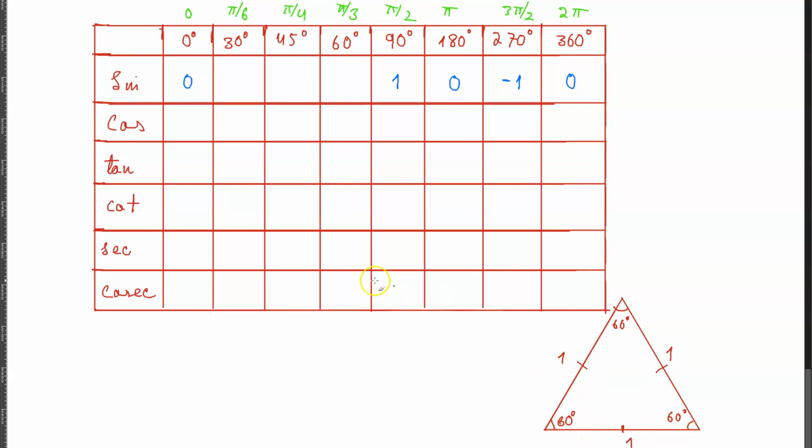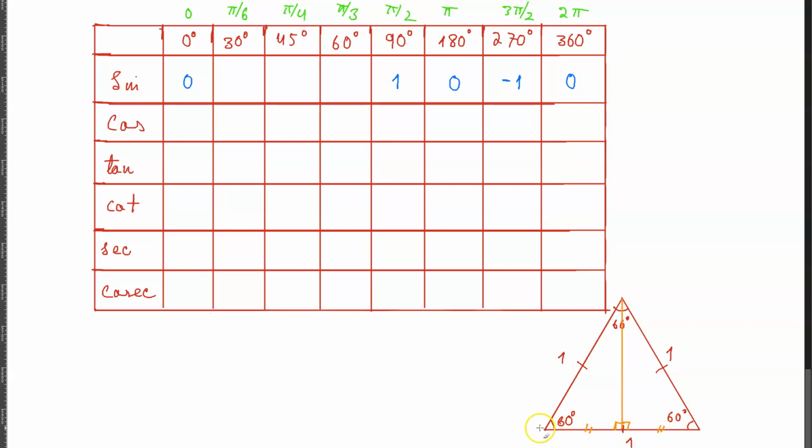Now if I drop a perpendicular to this side, this becomes a 90 degree angle, and you know that the perpendicular from any vertex of an equilateral triangle to the opposite side is going to be the perpendicular bisector of that side. That means that this length is equal to this length.